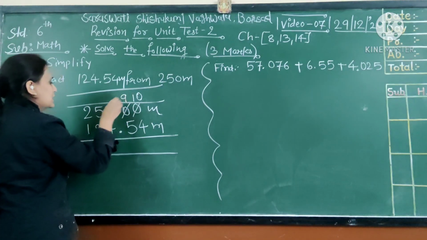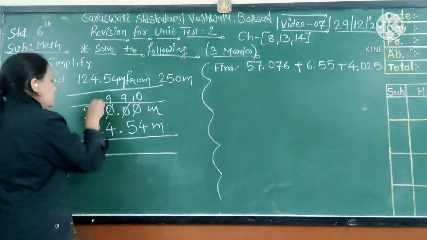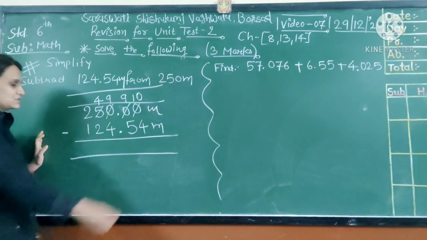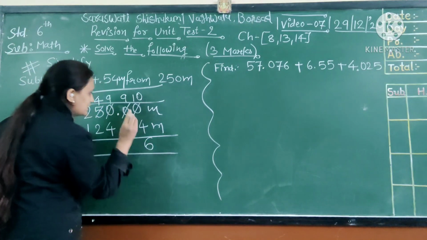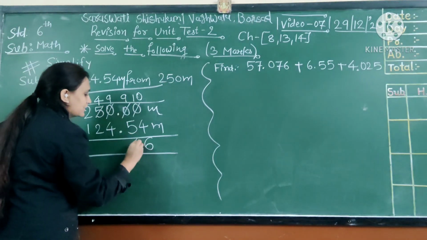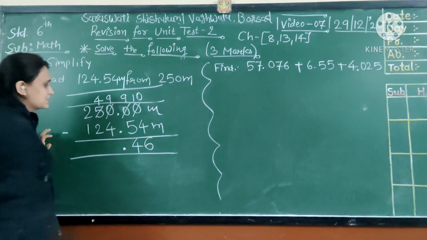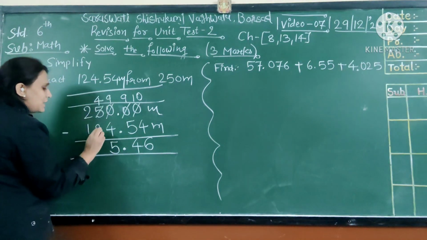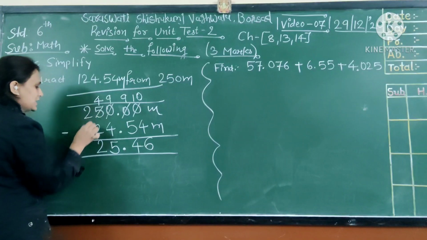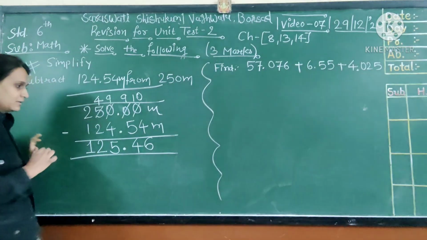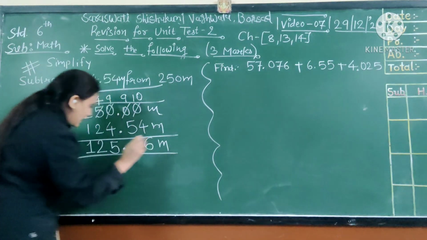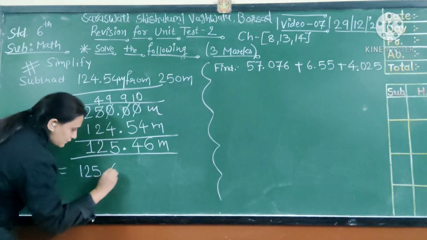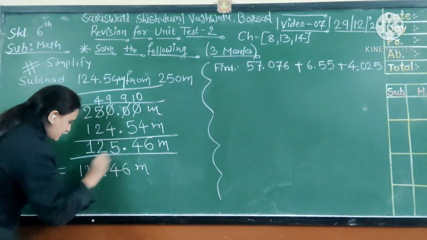So 10, here 9, again 9, and here 4. So now 10 minus 4, 6. 9 minus 5, 4. Decimal will be as it is. 9 minus 4, 5. 4 minus 2, 2. And 2 minus 1, 1. Okay. So we get the subtraction answer 125.46 meters.